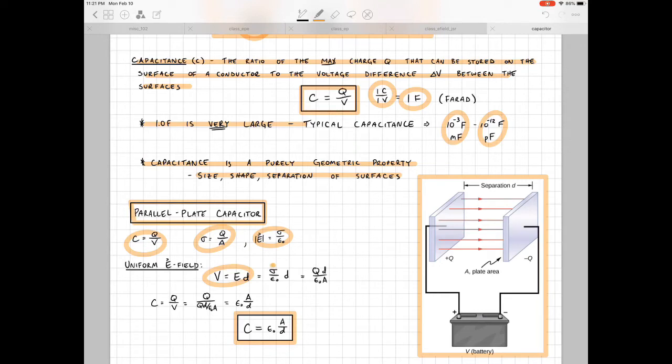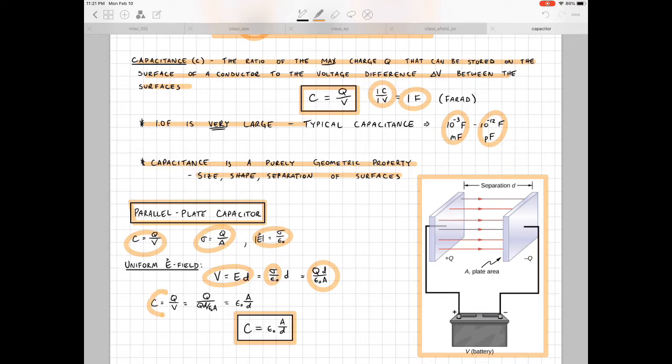We can substitute in sigma over epsilon naught, and we get this expression for the electric potential between the plates, which is the potential difference between the two plates.